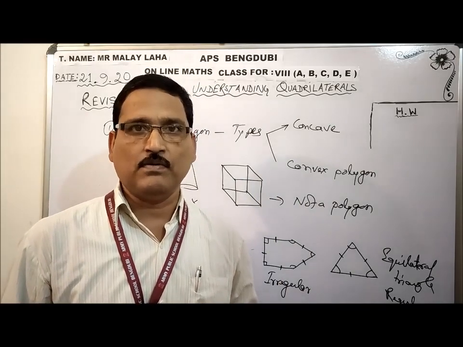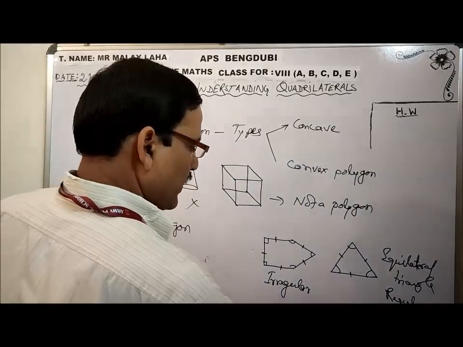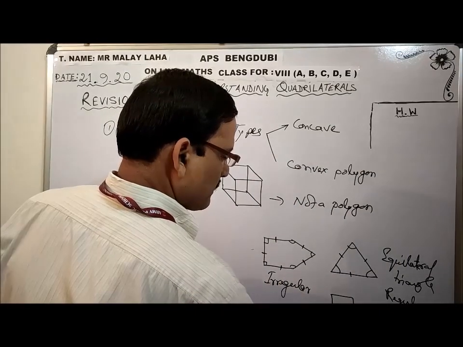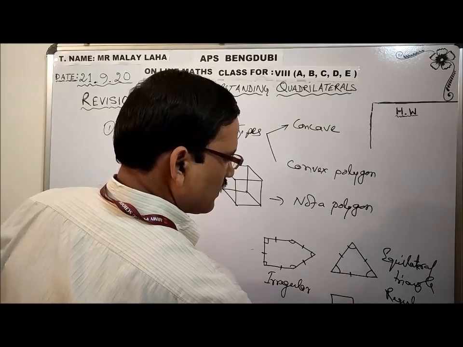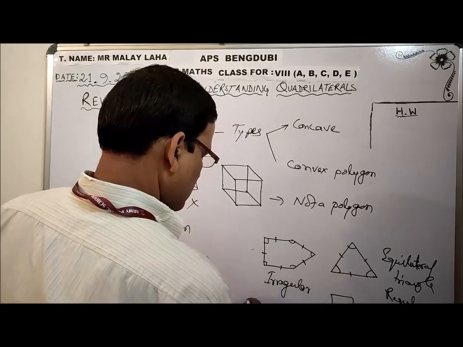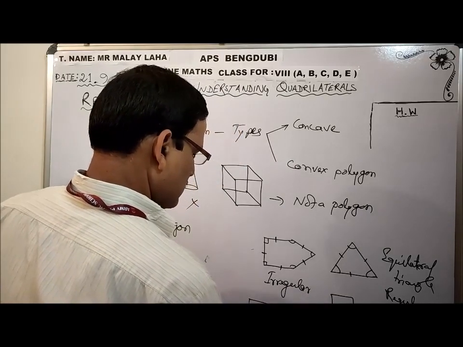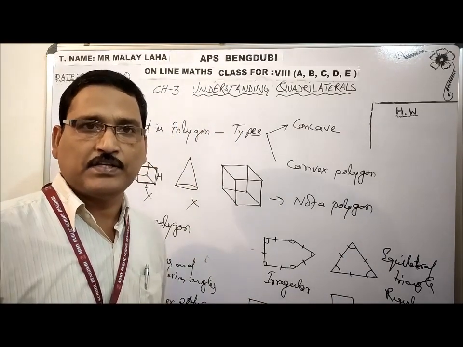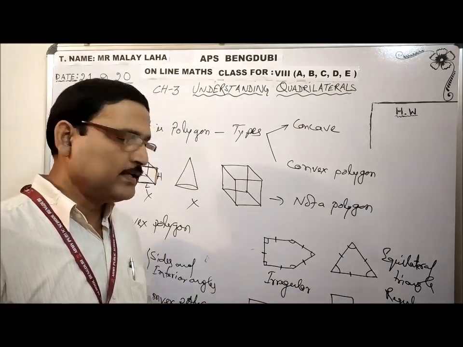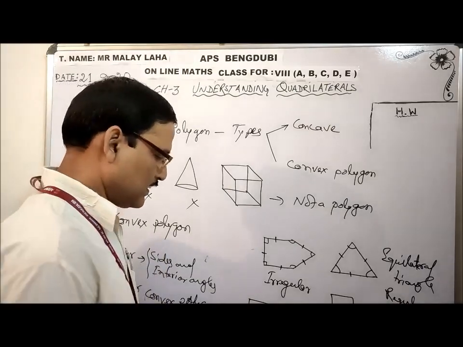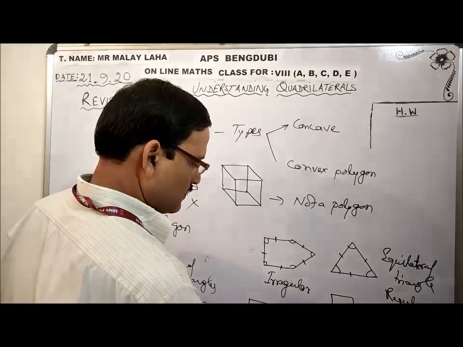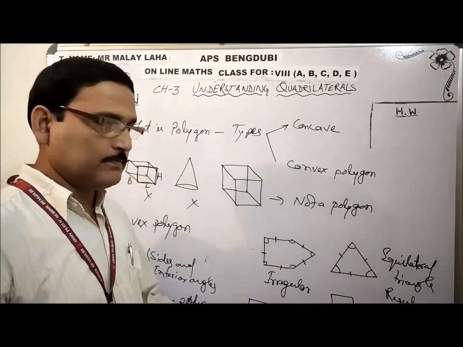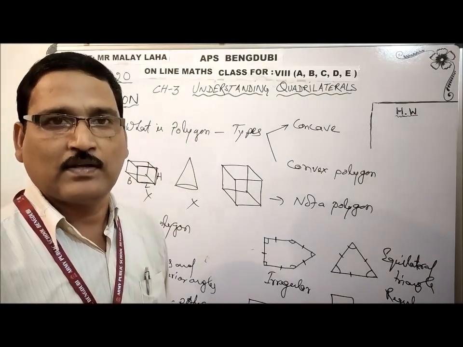Then I can say square is regular, but rectangle has all angles 90 degrees but sides are not equal, so it is irregular. Rhombus has all sides equal but angles are not equal.